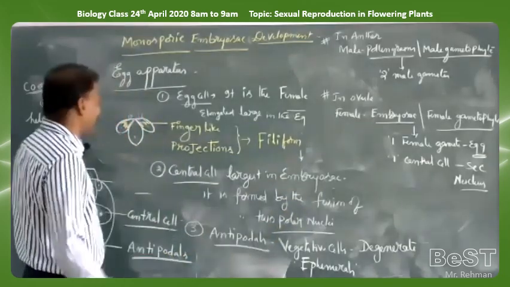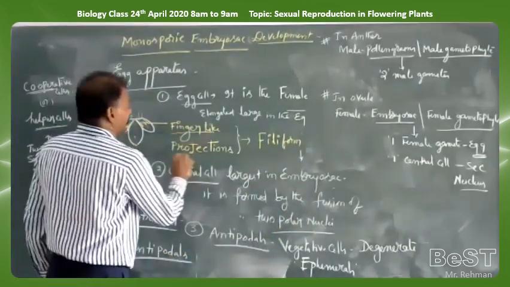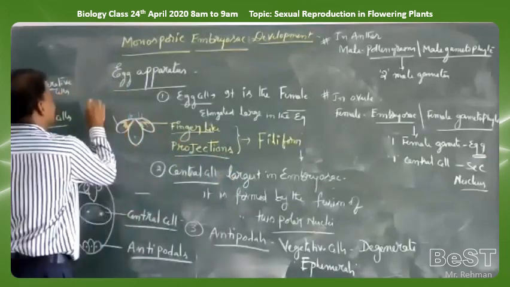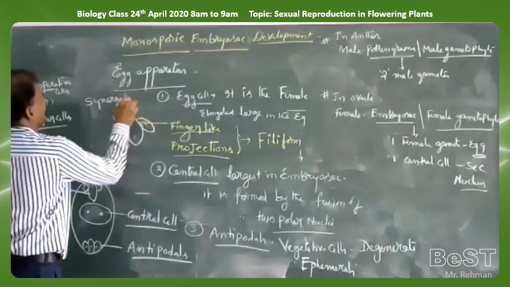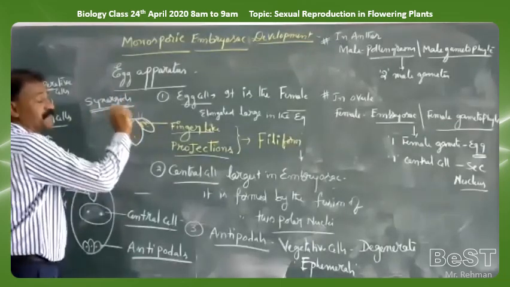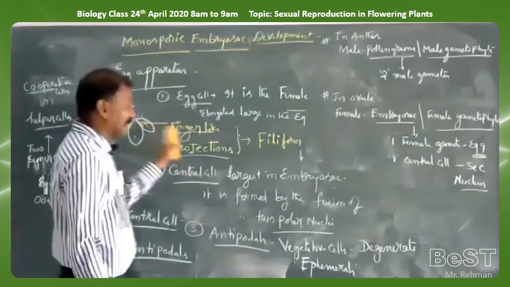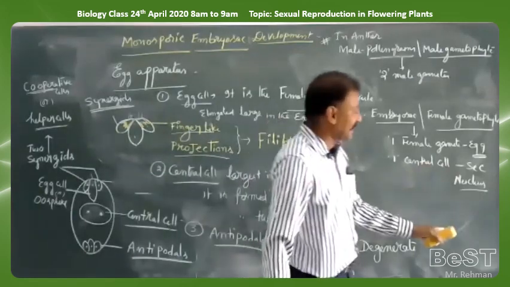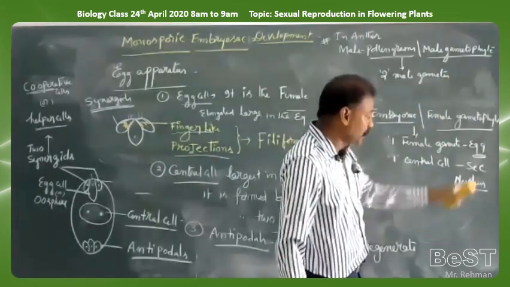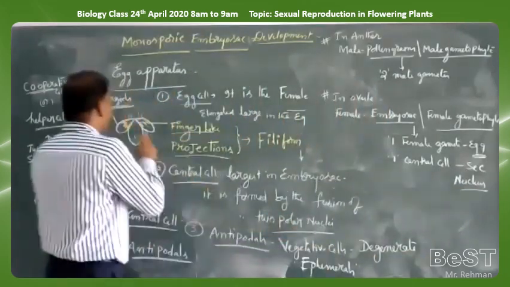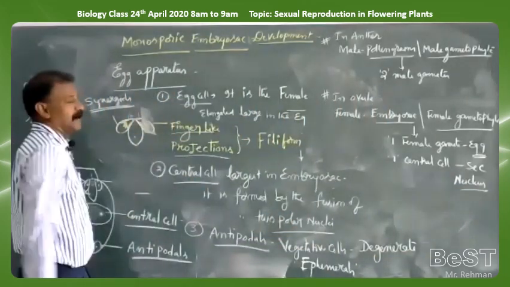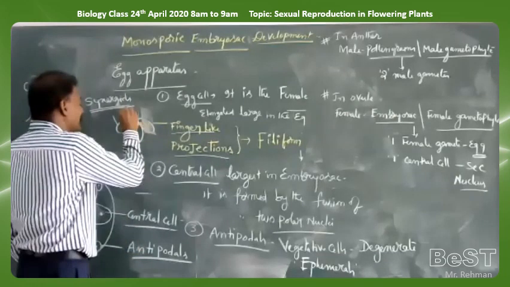And in the same way, the finger-like projections producing synergids. Their duty is ended when they direct the entry of the pollen tube into the embryo sac. Once a pollen tube enters, it will spoil one synergid, and the second synergid also degenerates.